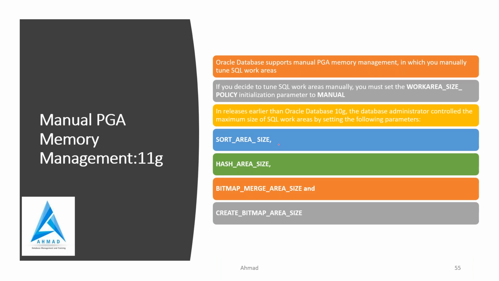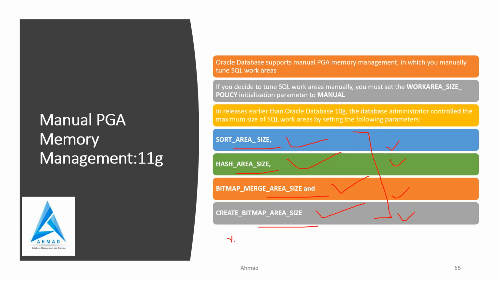And what areas are we talking about? These are the areas: SORT_AREA_SIZE, HASH_AREA_SIZE, BITMAP_MERGE_AREA_SIZE, CREATE_BITMAP_AREA_SIZE. So when you enable automatic PGA memory management, you don't need to set these components explicitly. That's why I said you have to omit those things. Okay, *_AREA_SIZE, the last values are the same.